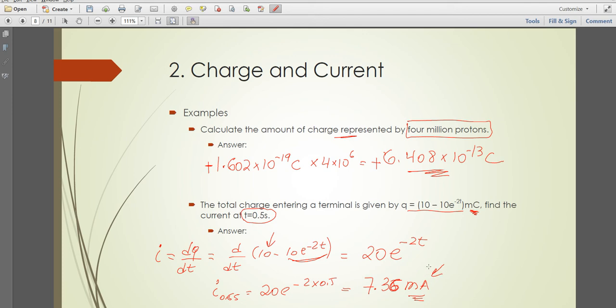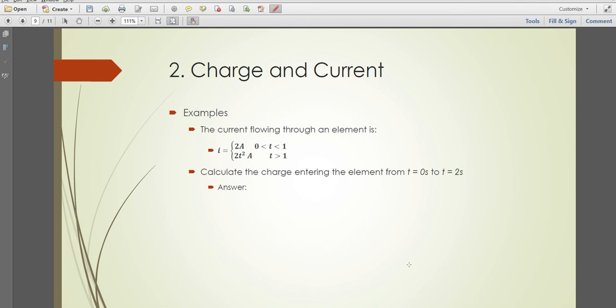Okay, now for the last 2 slides, we have another exercise to be done. Now the current flowing through an element has two parts. You have to calculate the charge entering that element from t equals 0 to t equals 2. I'll give you the answer very quickly. Remember i is the derivative of Q divided by the differential of time, dt.